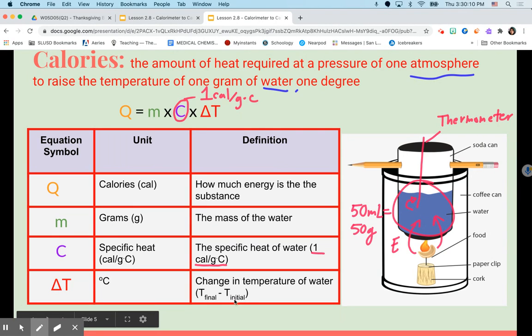We call that the initial temperature. We also need the final temperature: after everything is burned, what is the final temperature reading of the water? These are all the parts of the equation. In the next part of the video, I'm going to talk about how we use each part of the equation if we were to actually do a lab on this.